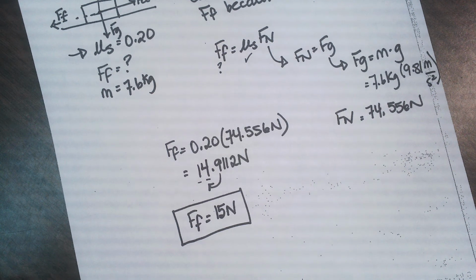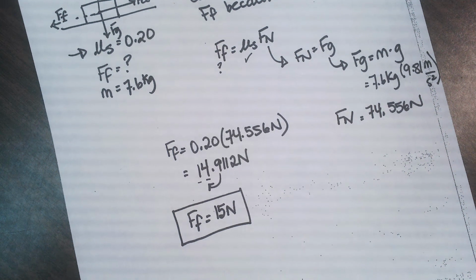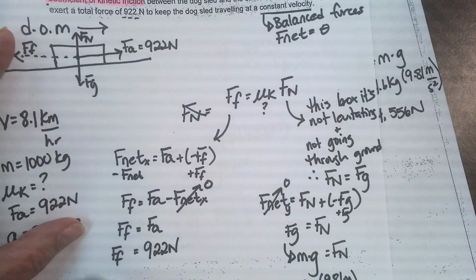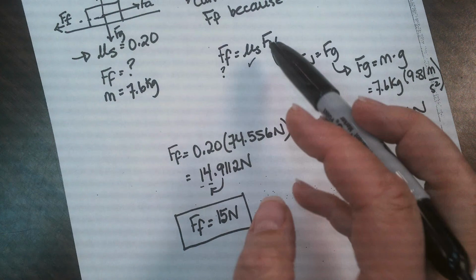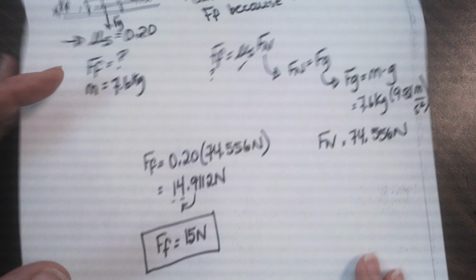Okay, let's look at a third question. And as you can see, we have multiple steps. This is our base. This is the different pieces we had to go to. We're ramping up our level of knowledge.